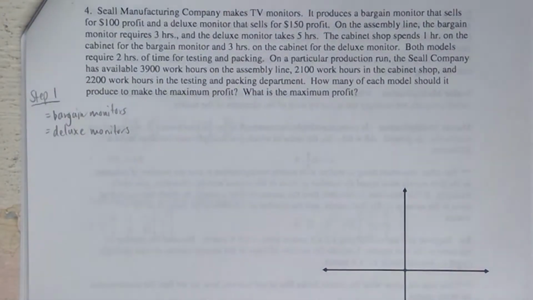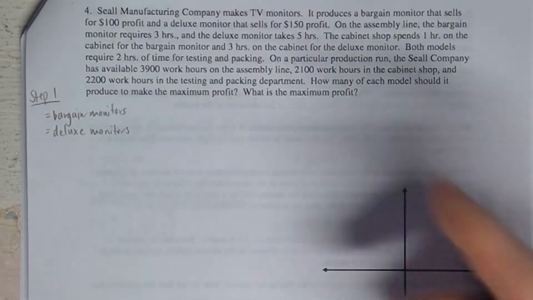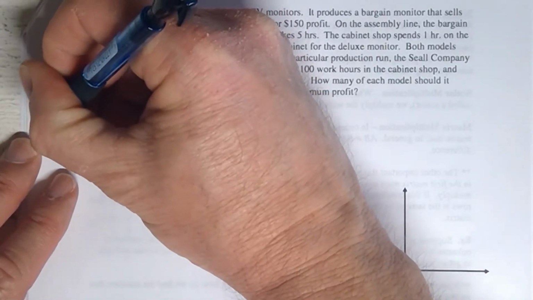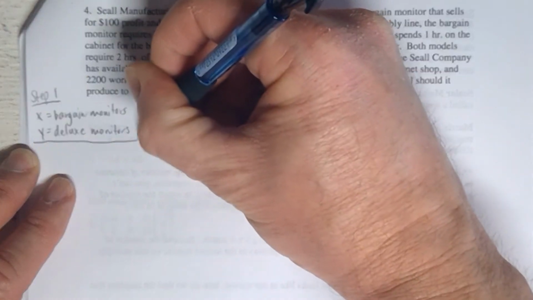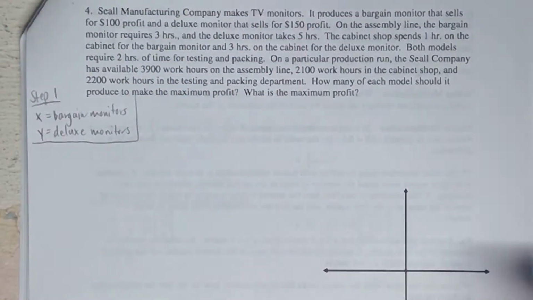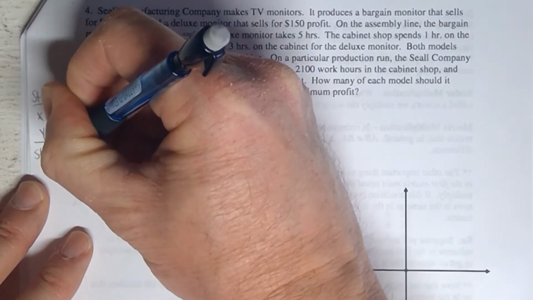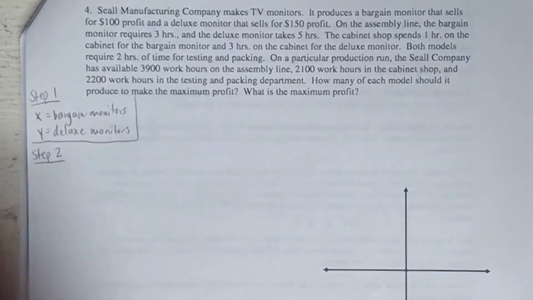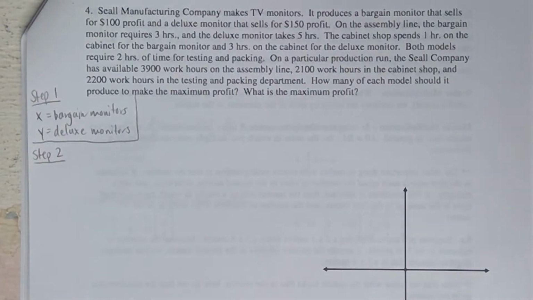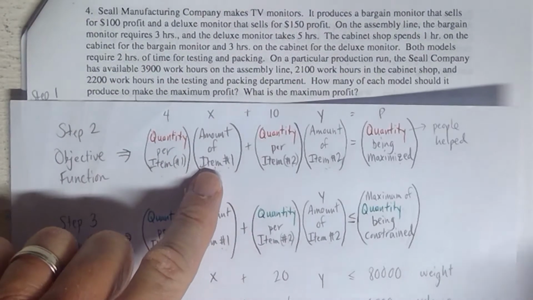And so let that be your X and Y. You can call it any letter you want. I'll call it X and Y since we're so used to those letters. Step 2. What did we learn for step 2 in the last problem? We learned that for step 2, we need to look at this formula here again.